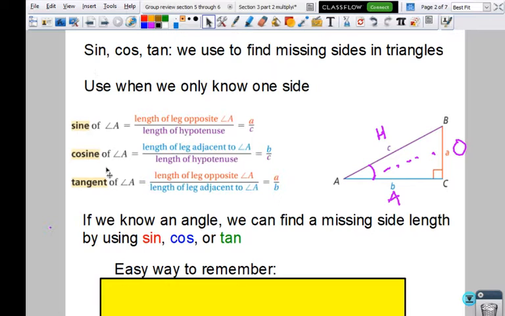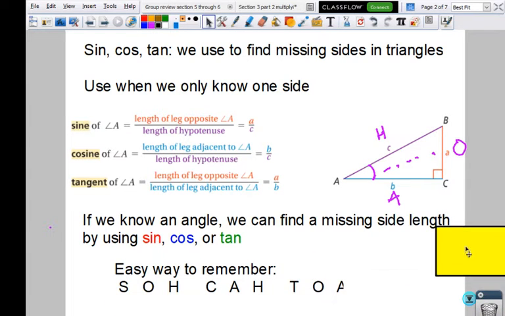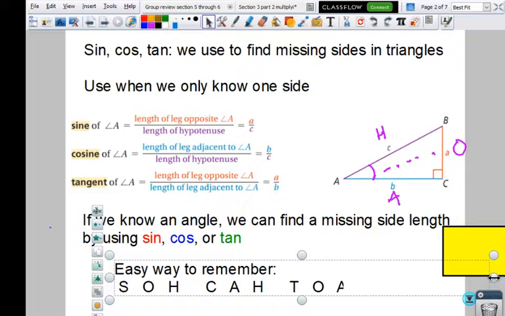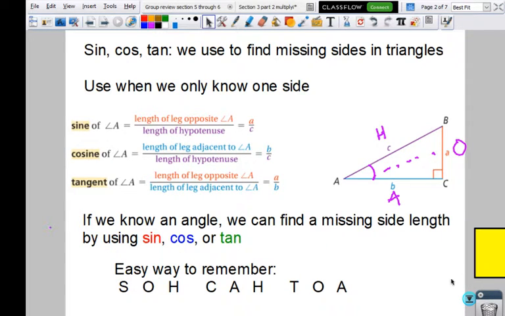We're going to use these ratios, and the easy way to remember it, does anybody remember that acronym? I've been saying it all period. SOHCAHTOA.